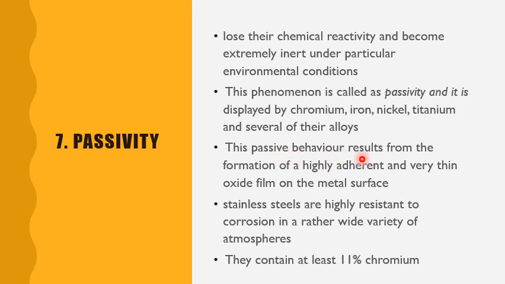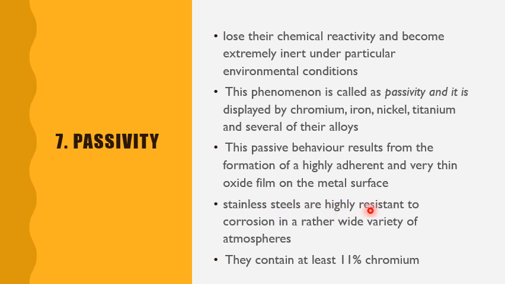This passive behavior results from the formation of a highly adherent and very thin oxide film on the metal surface. So a very thin layer of metal oxide is formed on the metal surface, and this layer is very inert, and so no further corrosion of the metal takes place.